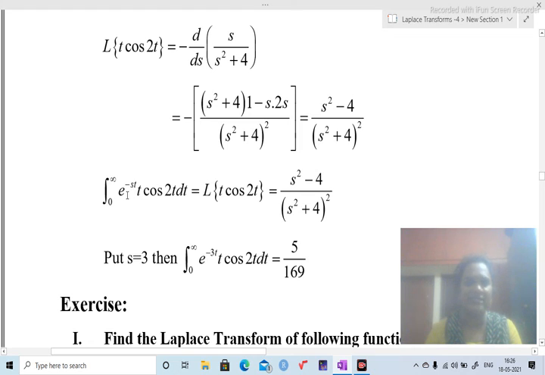Put s equal to 3, in LHS and in RHS. So s equal to 3 means 3 square is 9. 9 minus 4 is 5. 3 square is 9, 9 plus 4 is 13. 13 square is 169.